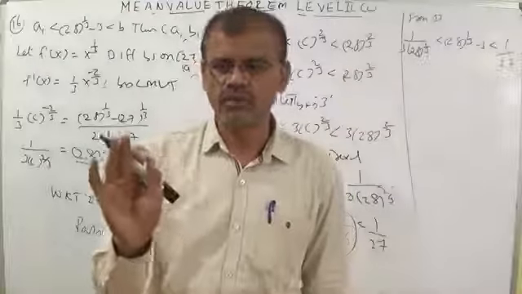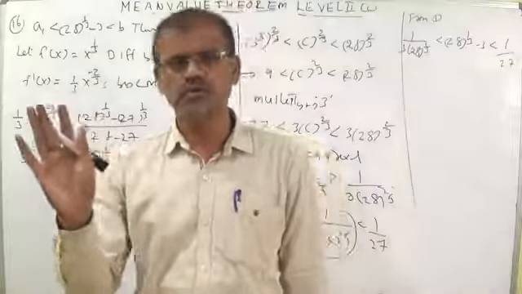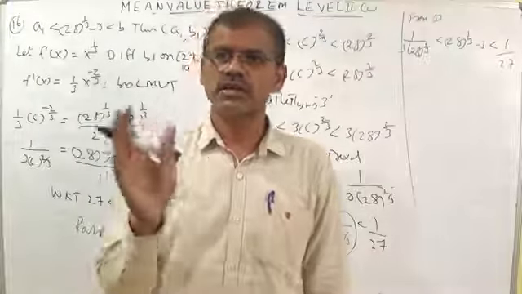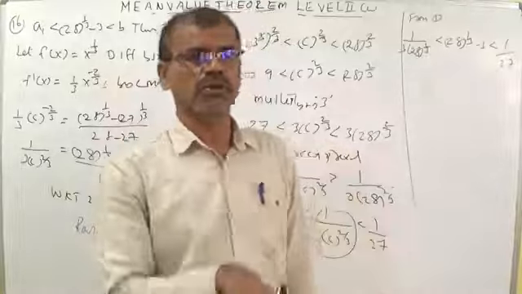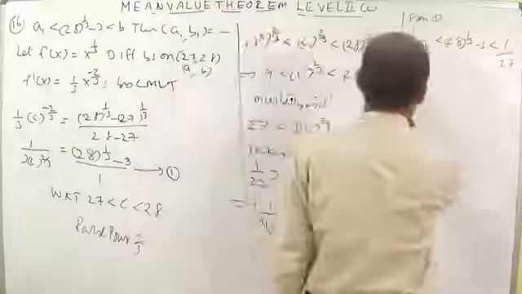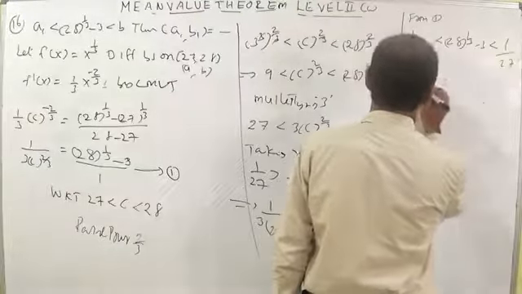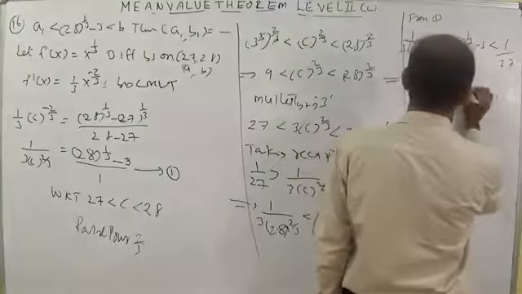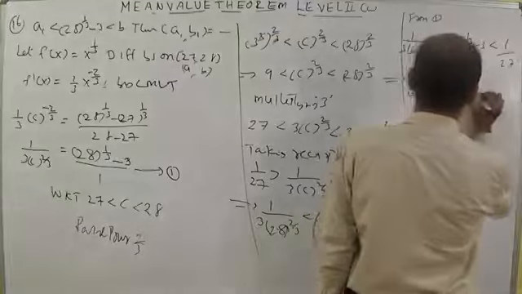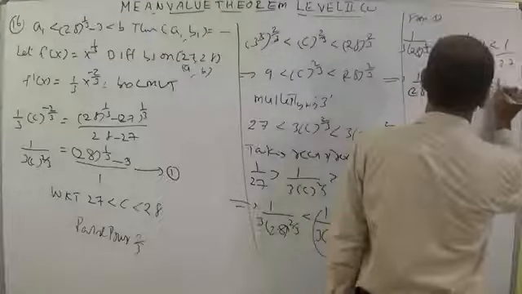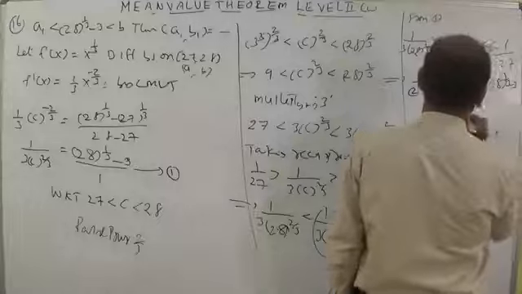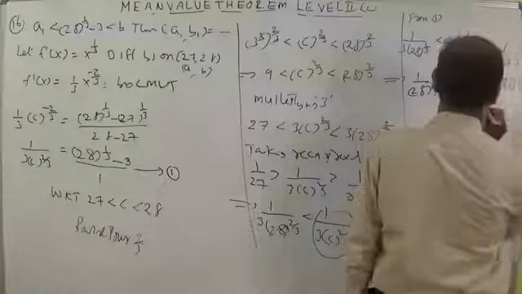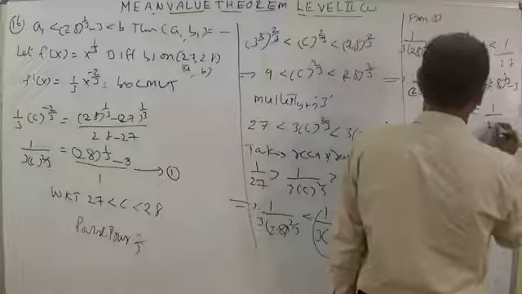Example, let the value may be 0.2. 0.33 into 0.2 is something like 0.6, that is greater than the value 0.2. So students try to understand that 1 by 3 into 28 power 1 by 3 less than 28 power 1 by 3 minus 3 less than 1 by 27.